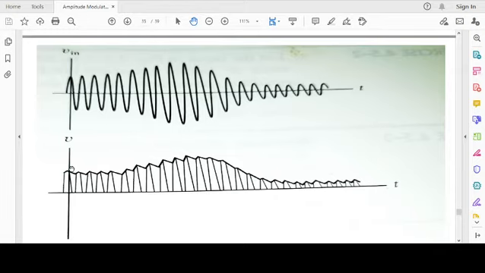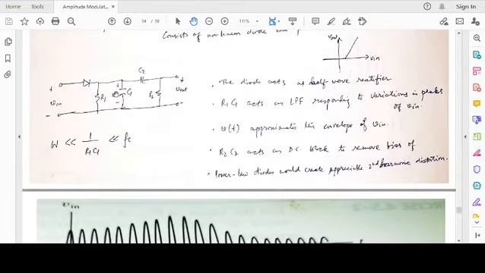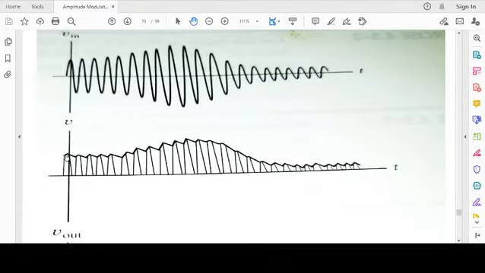Over here, this output V slowly decays based on the RC time constant. Then when it reaches the signal level, the capacitor charges again.